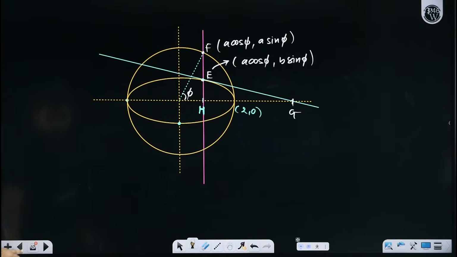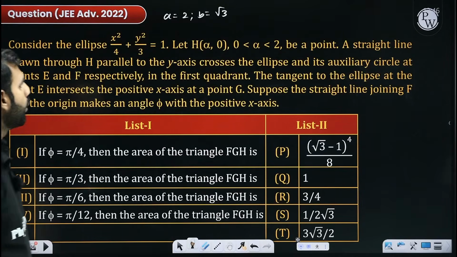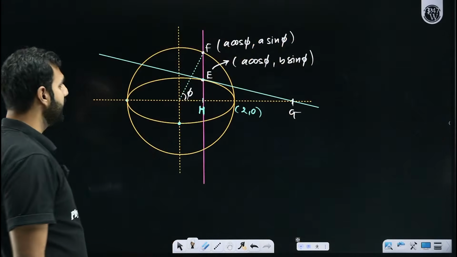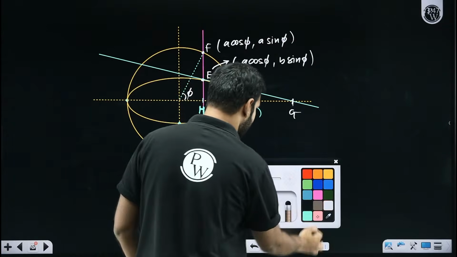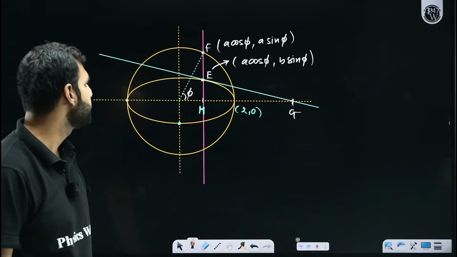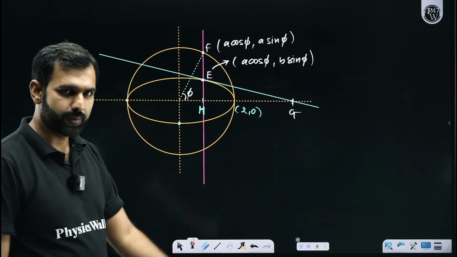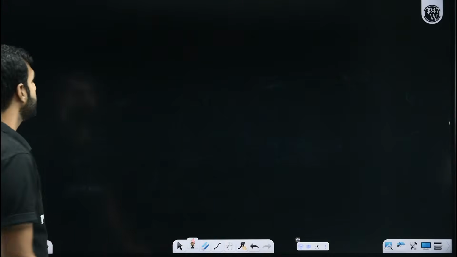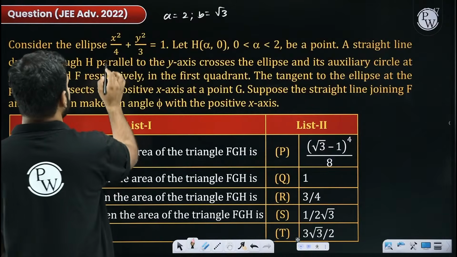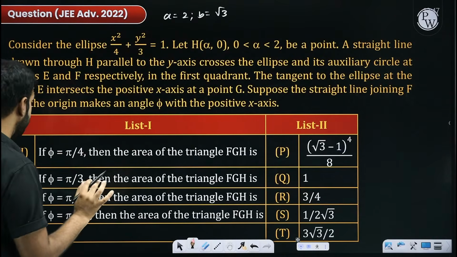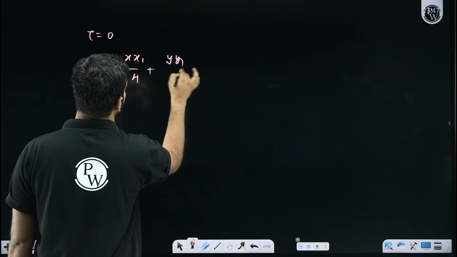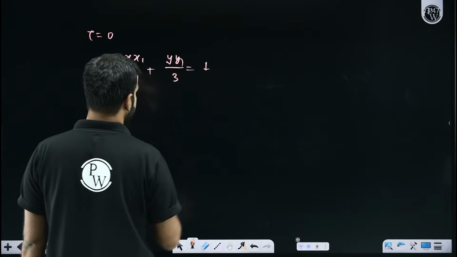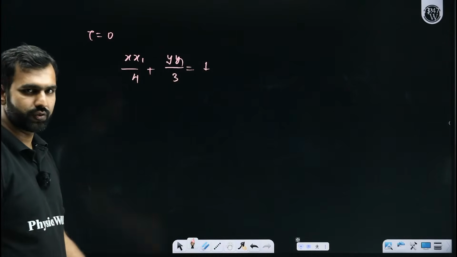I am interested in one more thing. Can you help me with this tangent at G? If I'm drawing a tangent at this point E, and I'm willing to write the equation of this tangent, T is equal to 0, I'll use x x1 upon a square plus y y1 upon b square minus 1 is equal to 0.